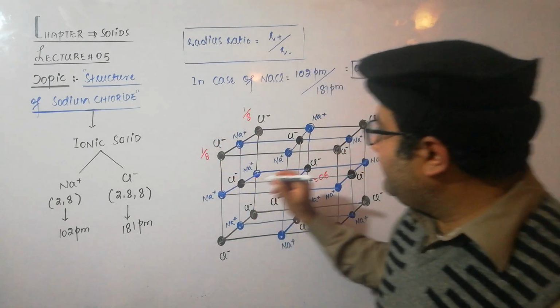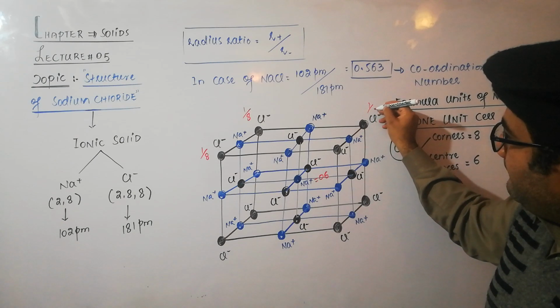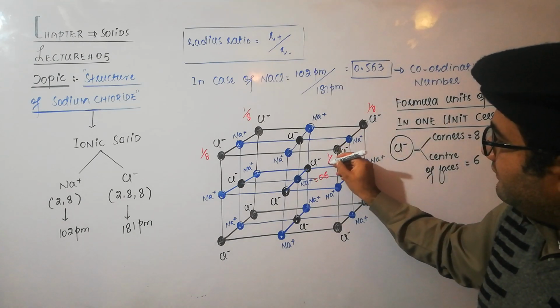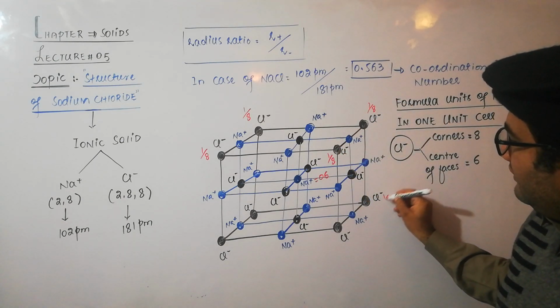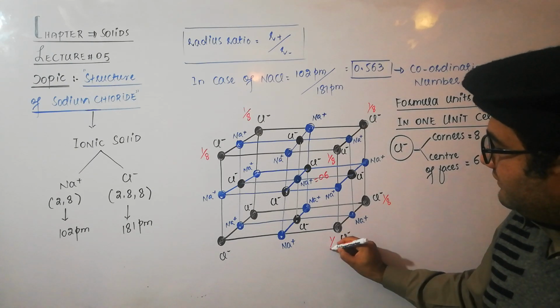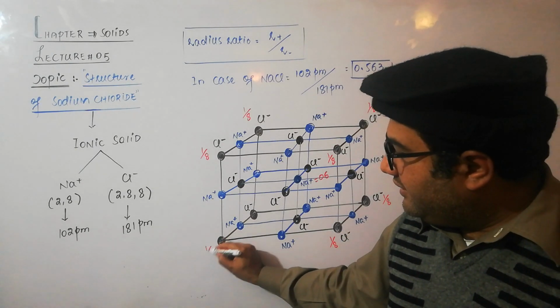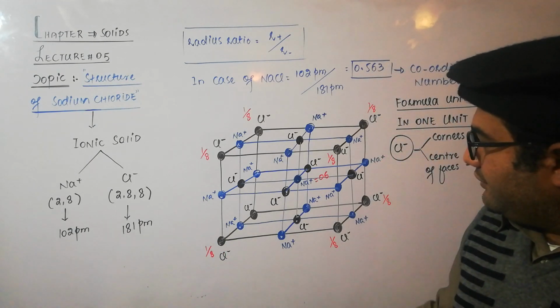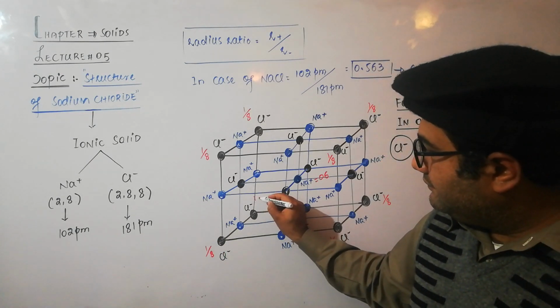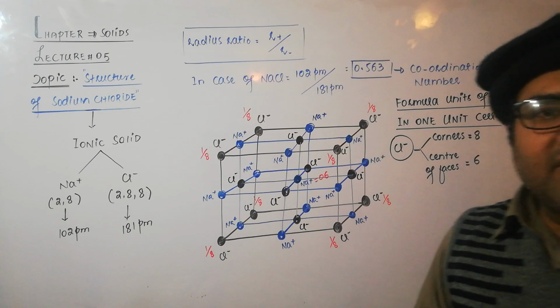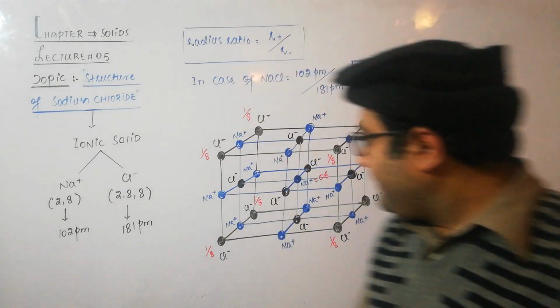Similarly, it will be 1 by 8, 1 by 8. All chloride ions present at the corners will be 1 by 8, since one chloride ion is divided between 8 cubes.